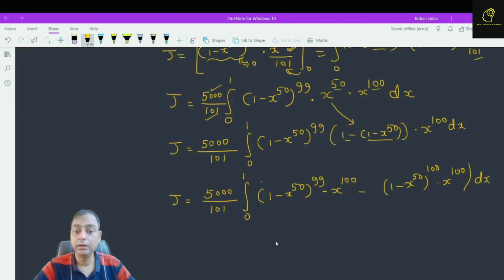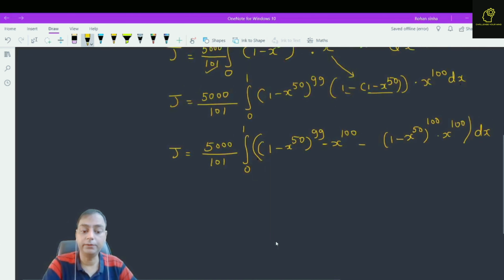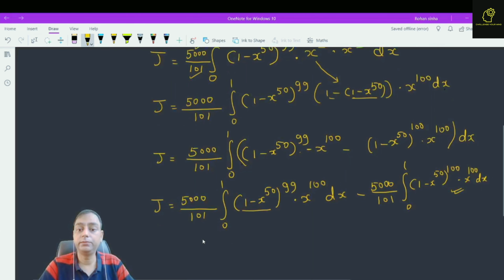Now splitting the integral in two parts, we find the integral of (1 minus x^50)^99 into x^100 dx and the integral of (1 minus x^50)^100 into x^100 dx. Simply splitting J into two parts.